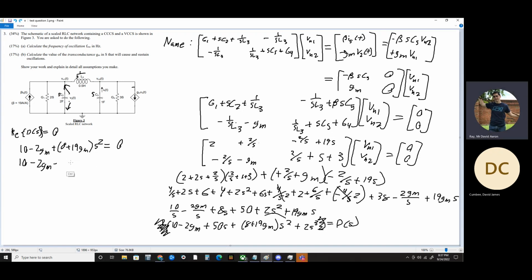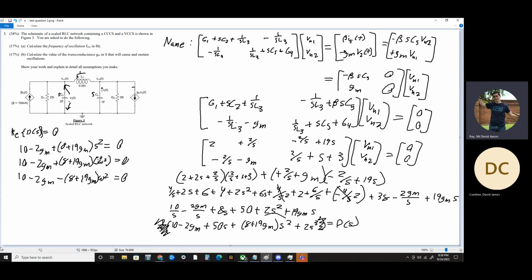Maybe I should write it all out. Plus 8 plus 19 GM times j omega squared, or j squared omega squared equals 0. And that's going to turn into 10 minus 2 GM minus 8 plus 19 GM omega squared equals 0.